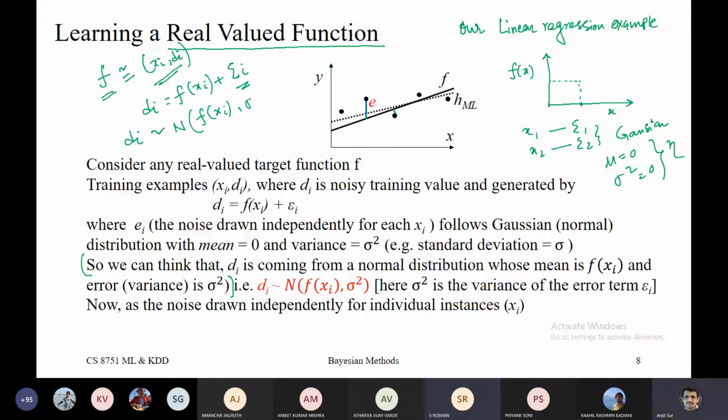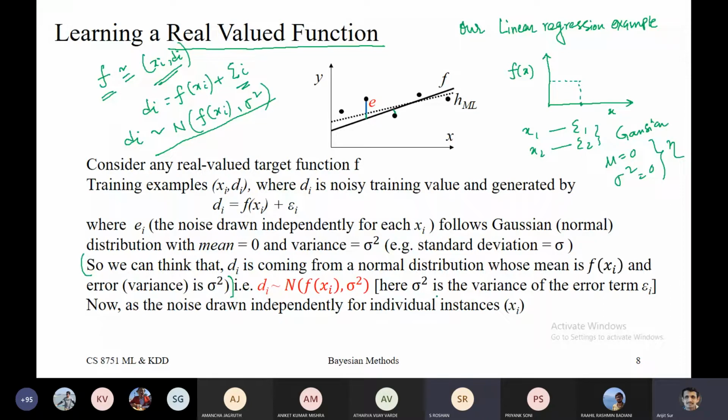So these data points are now accurately represented by this noise as well as the actual function f.